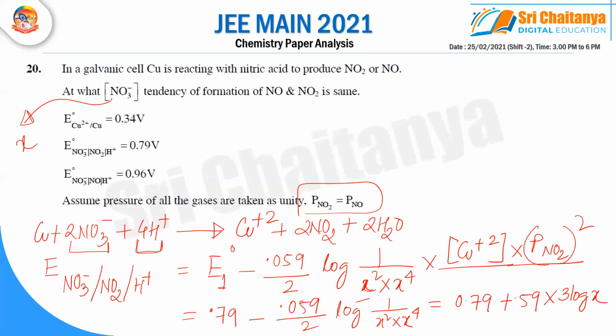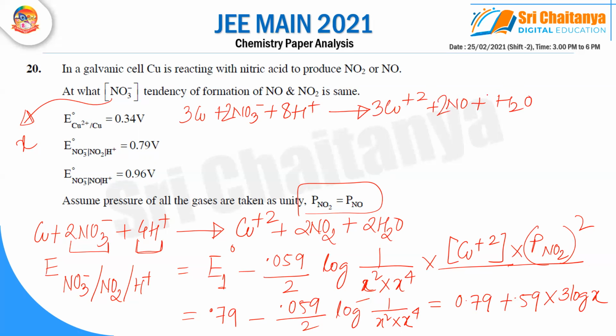Now, when NO3 minus gets converted into NO, the reaction will look like this: copper plus NO3 minus plus H plus. The reaction is going in acidic medium, giving Cu plus 2, NO plus H2O. Now I'm writing it in the balanced form directly. This is the balanced form.